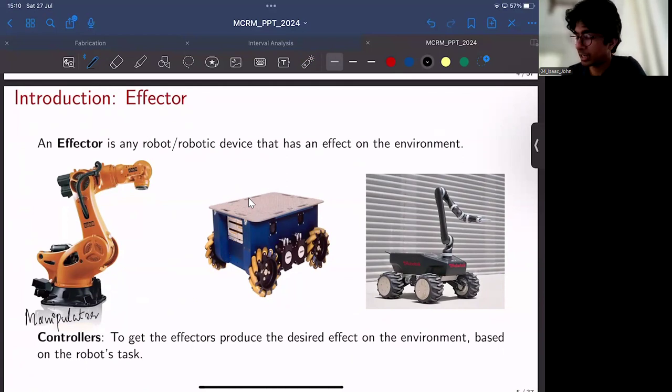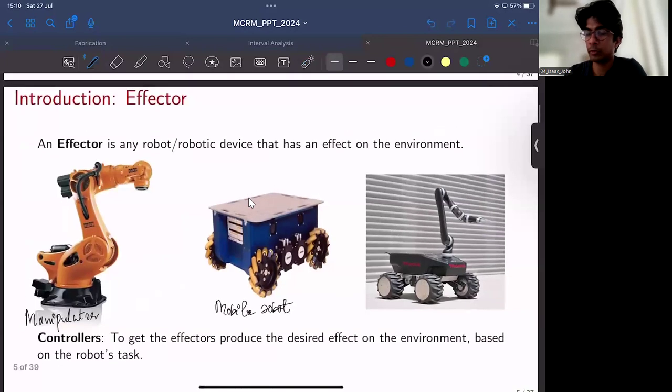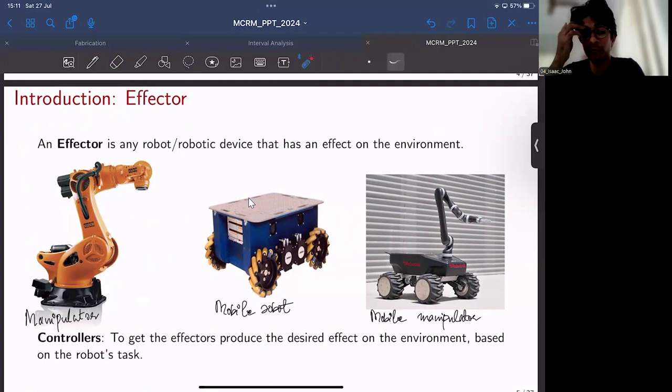The second is a mobile robot, which is also another kind of effector. And the third one, what you see over here, is a mobile manipulator. It's basically a combination of the attributes of a manipulator as well as a mobile robot.